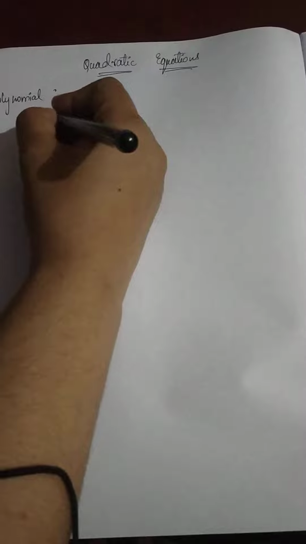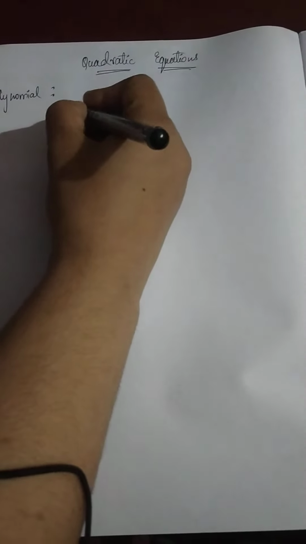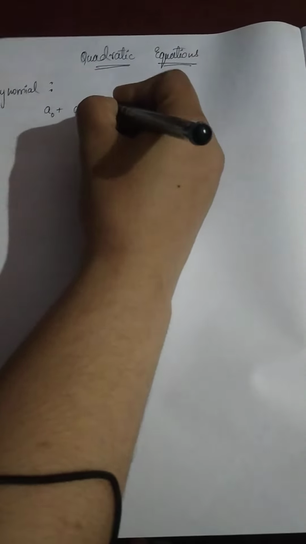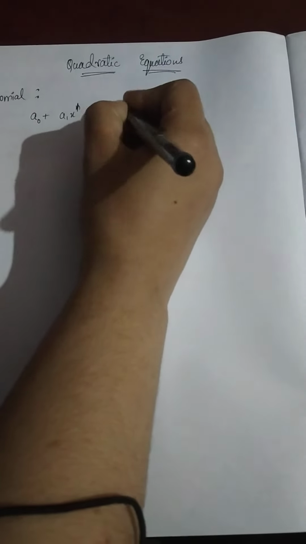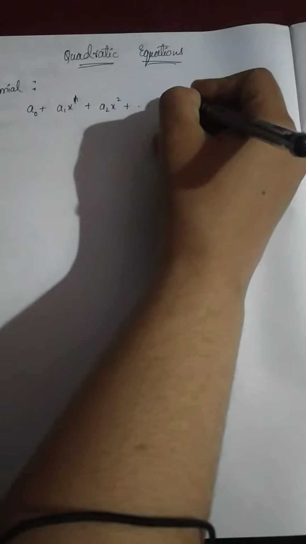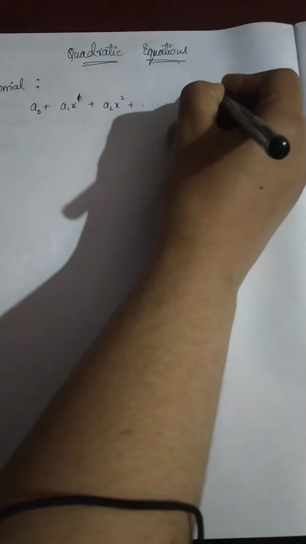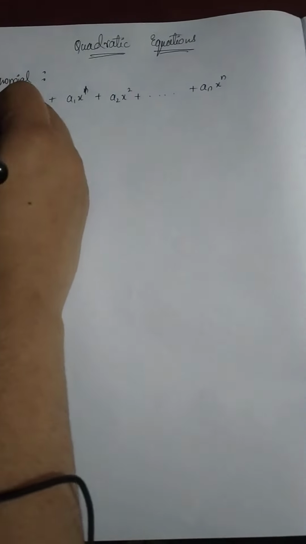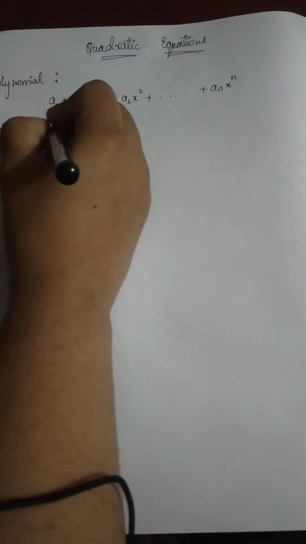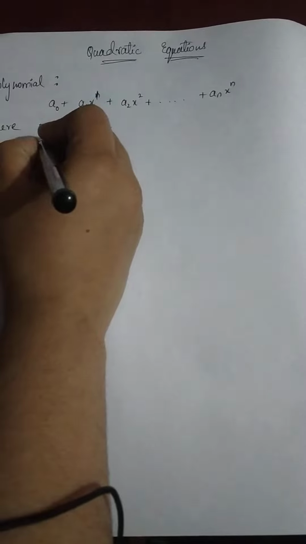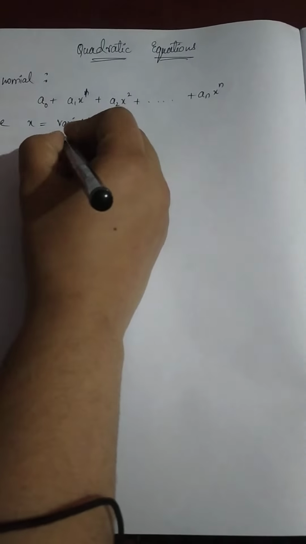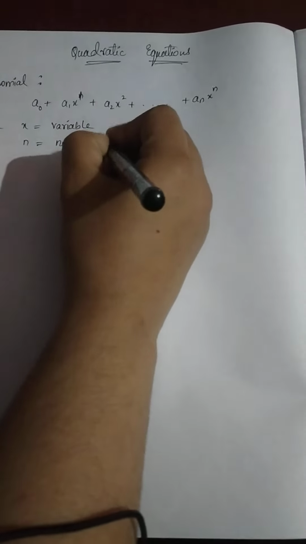A polynomial is an expression of the form a0 plus a1 x power 1 plus a2 x square plus so on till an x power n, where x is the variable and n is equal to the number of terms present in it, right?